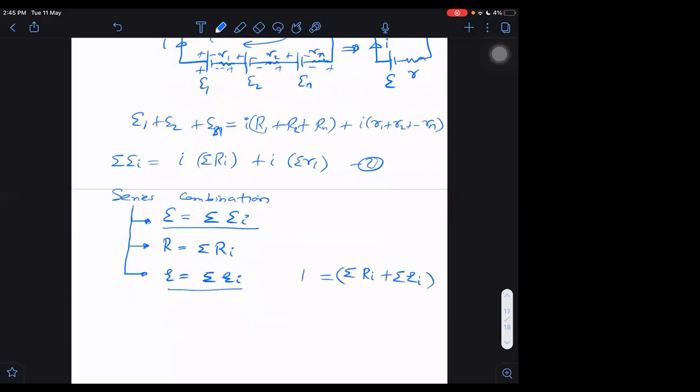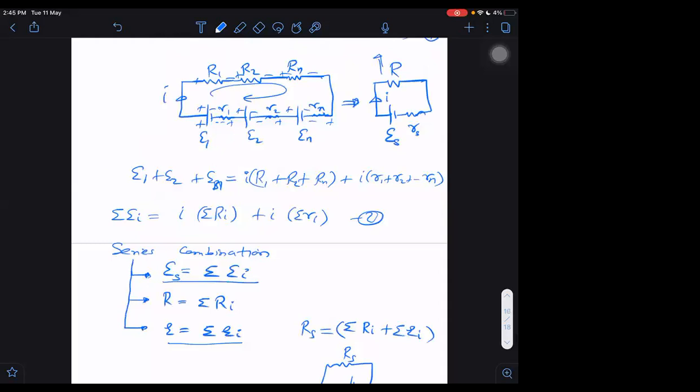We don't need to distinguish that much. We can take it effectively as a single resistance, whether it is internal or external, it doesn't matter. And the EMF we call ES, net E series, and the resistance RS, or R only, fine.